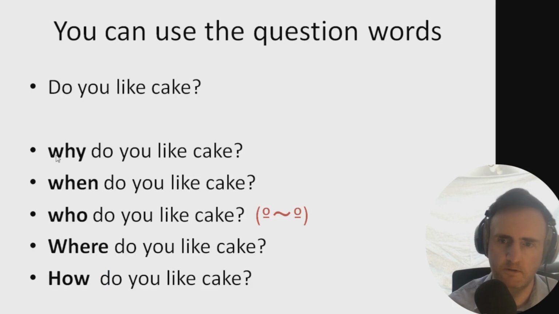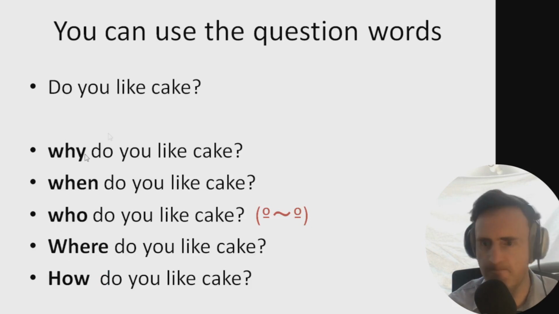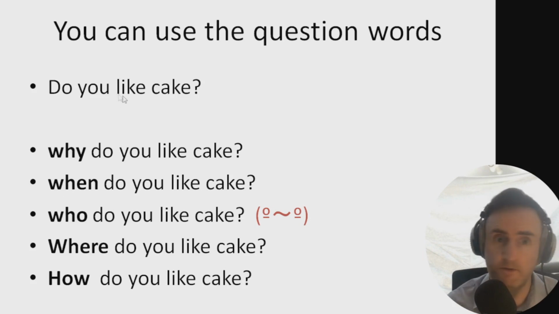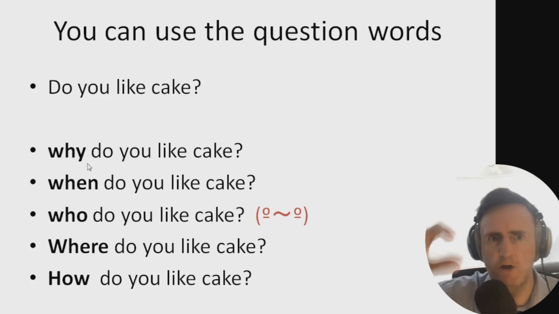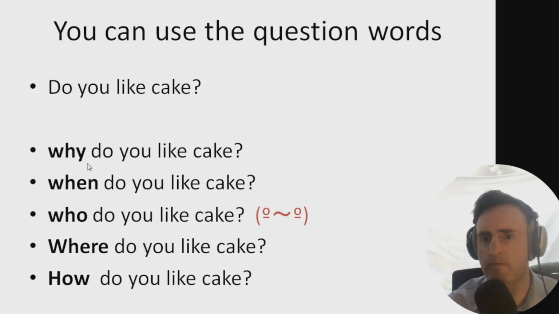And no capital letters. What is going on? So, anyway, doesn't matter. If you've got one of these do questions, you can add the question words to get even more detail. Because why do you like cake and when do you like cake are two different questions. So the more layers you add, the more detail you get.